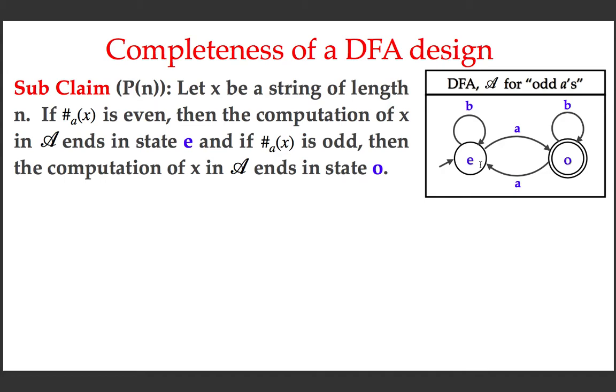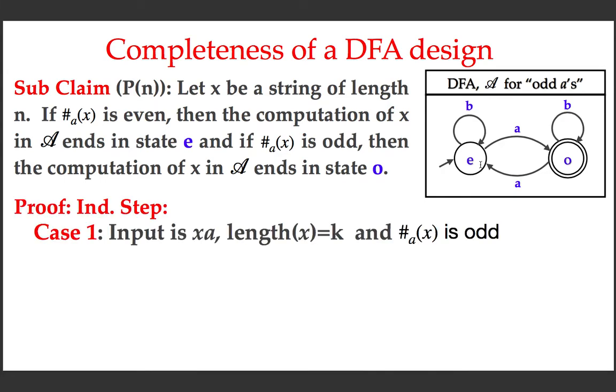Now you prove the four cases in the induction step. The first is that you assume that it is true when the length of X is less than or equal to k. Case 1: you are getting a length k plus 1 string which is XA, and assume that X contains an odd number of A's.